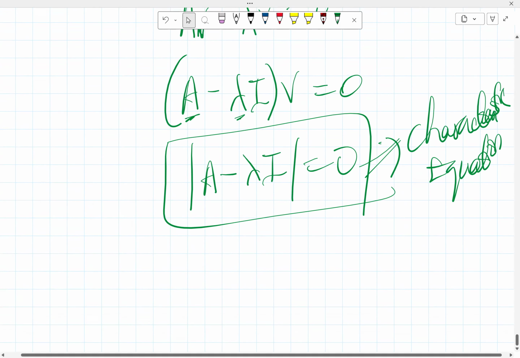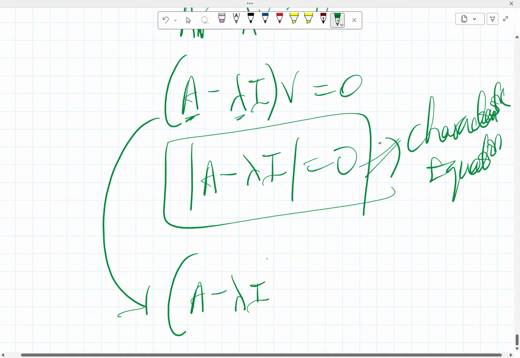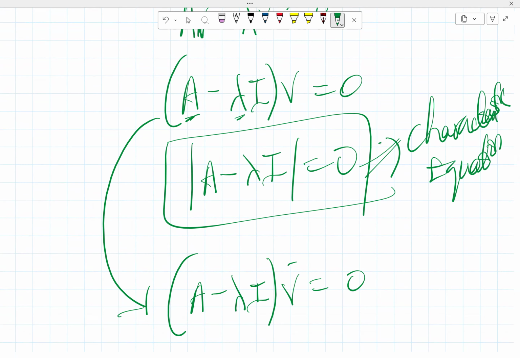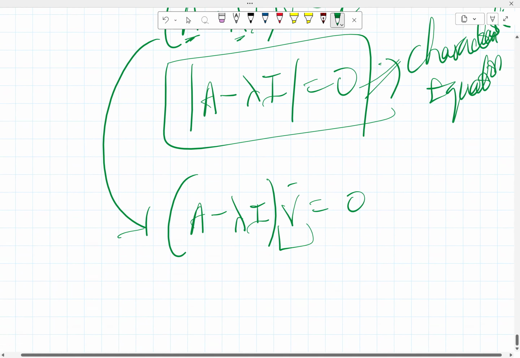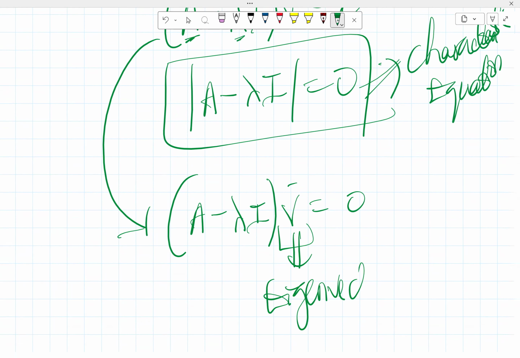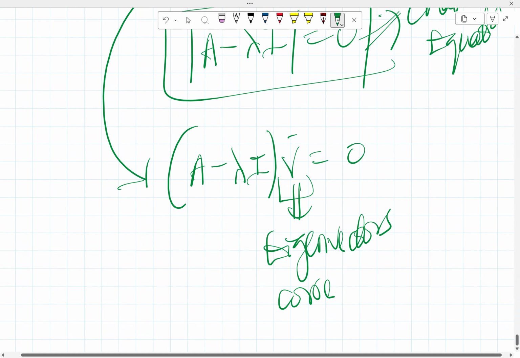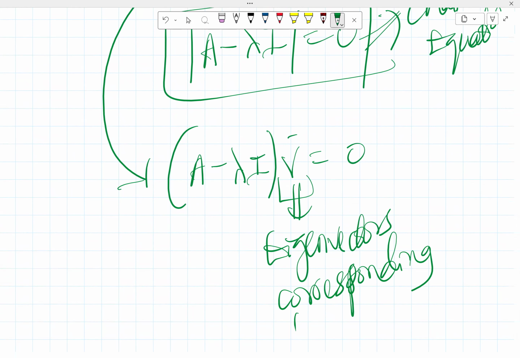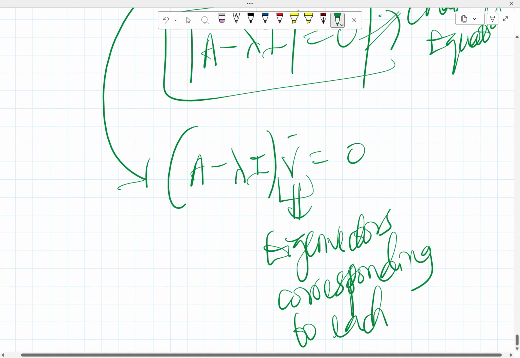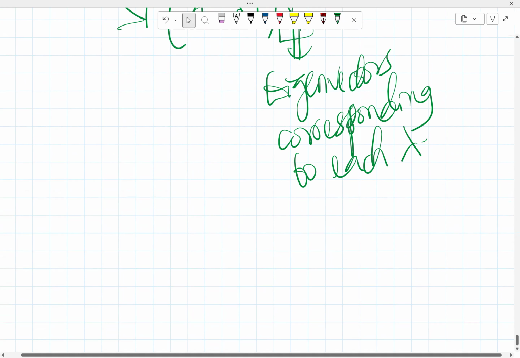On the other hand, if you have it just the way it is, (A minus lambda I) v equals 0, this v will give you the eigenvectors you're looking for, corresponding to each eigenvalue lambda. Okay? So let's go.